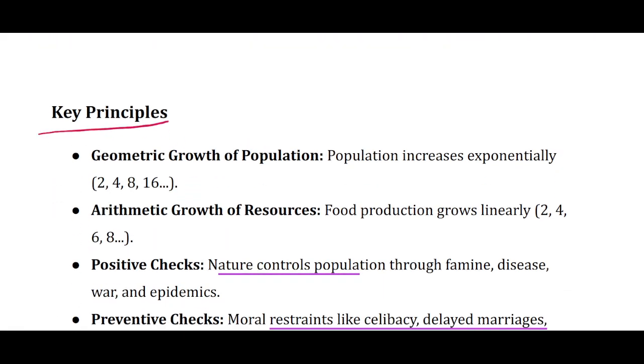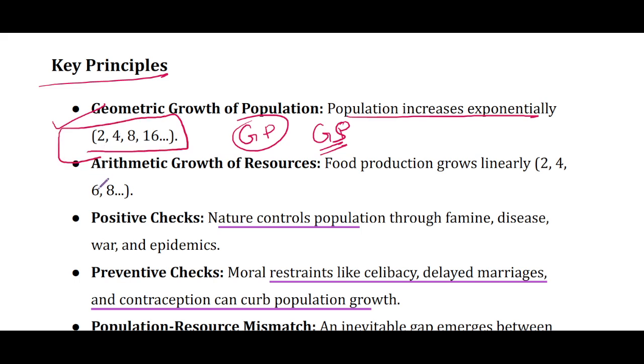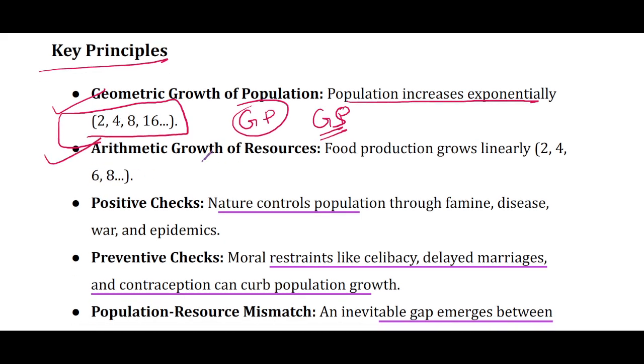Now the key principles. First, population increases exponentially in geometric progression, or geometric series, that is in multiples of 2, whereas the resources grow in an arithmetic manner, that is 2 followed by 4, 6, and 8.